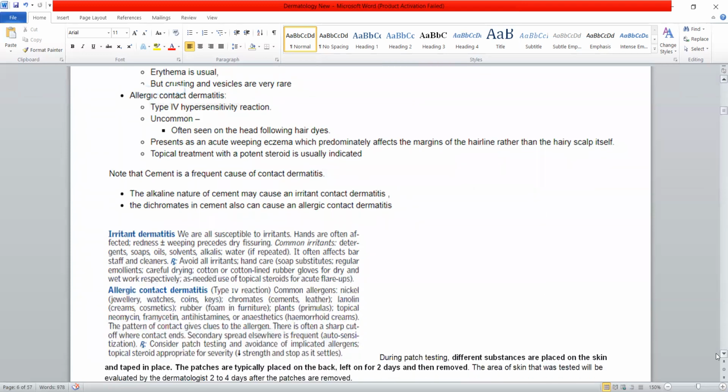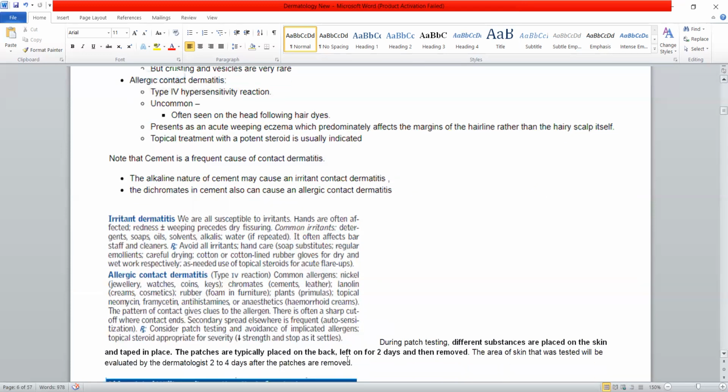What things can cause allergic contact dermatitis? Common allergens include nickel that is present in jewelry, watches, coins, and keys.